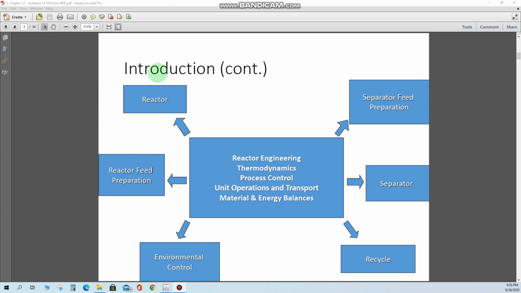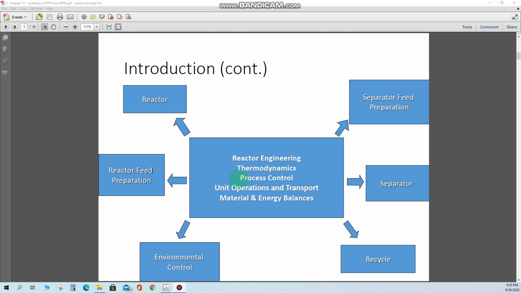So we know that the main process in the overall process flow diagram is the reactor. So you need some information about reactor engineering. Then you should have some information about thermodynamics, and how the different reactants can interact with the other chemicals, and how the actual products can form. Here you should have some information about thermodynamics.